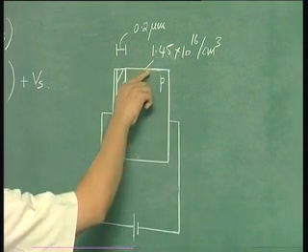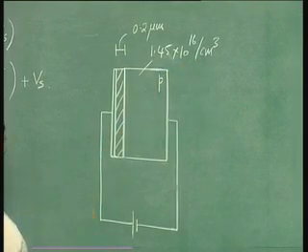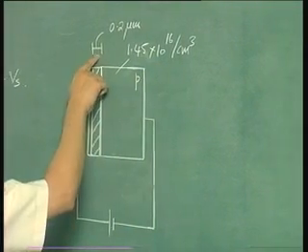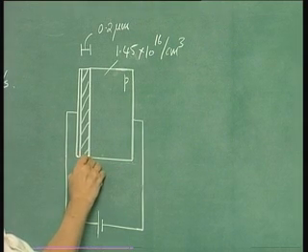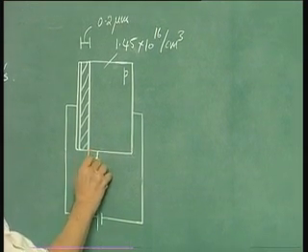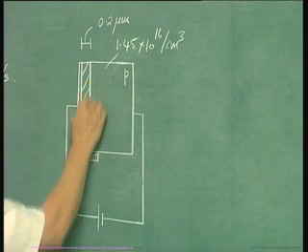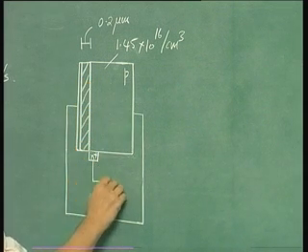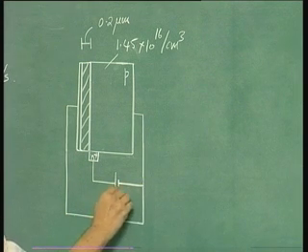This is the MOS capacitor, P type substrate, doping level 1.45 into 10 power 16 per centimeter cube, and oxide thickness of 0.2 micrometer. You are connecting an N plus source to the inversion layer which may form at the interface, and you are applying 5 volts.